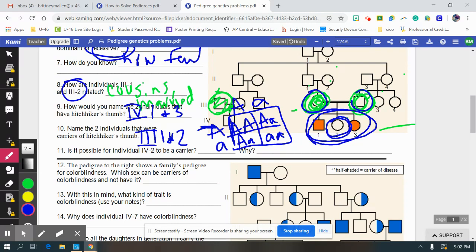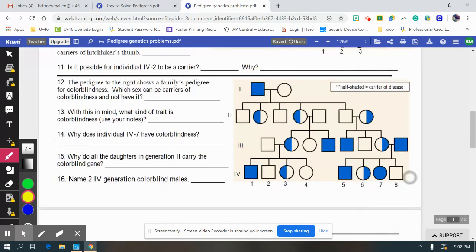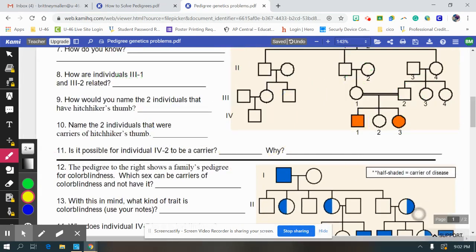Every time you have a child, this is the probability of what traits they could have. Since both of them are carriers, there is a possibility, because of these two boxes right here, that they could also be carriers. So the answer is yes, because they pass on their heterozygous trait to the next generation.